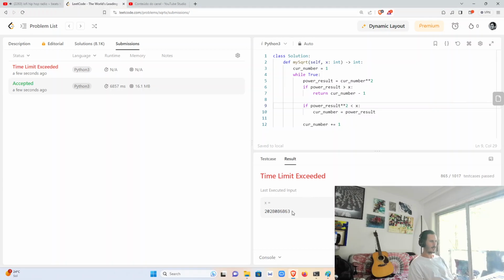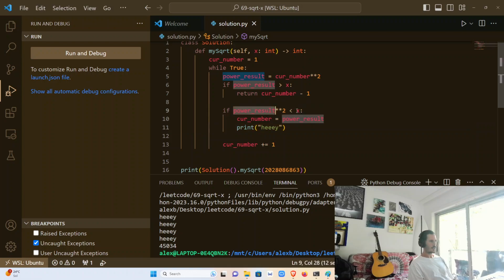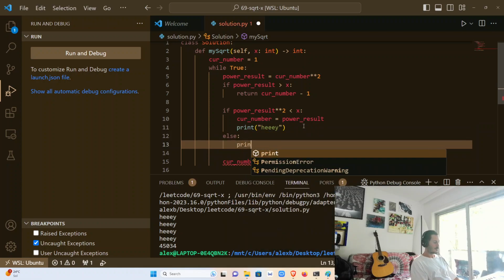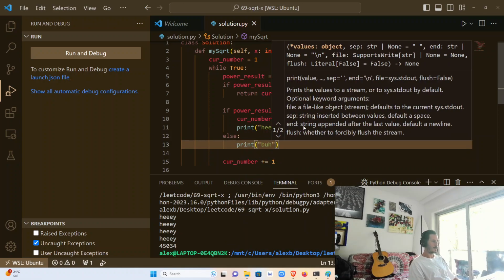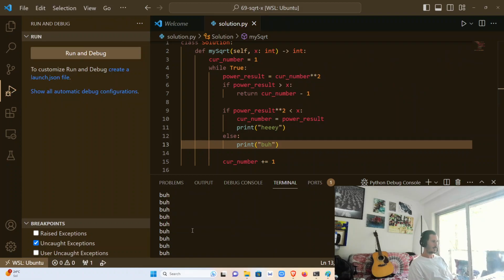It takes so long. One, two, three, four. Yeah, but this operation was done many times. Maybe it's not worth it. Yeah, else print boo. Yeah, did a million boos. It's not worth it.